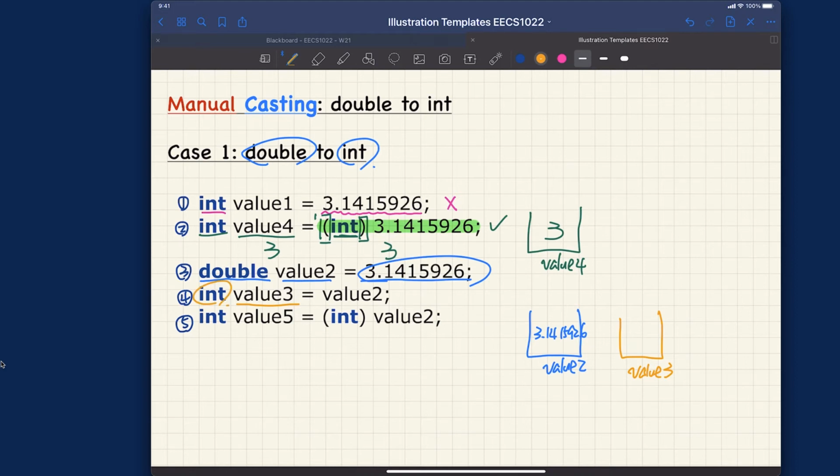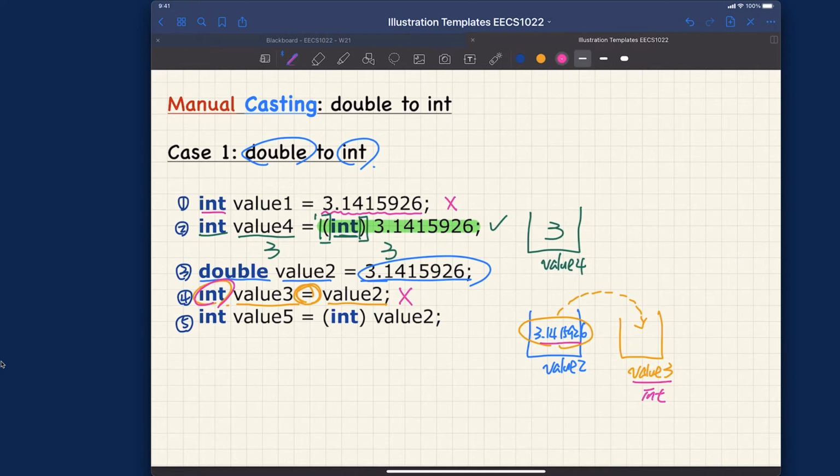And now you're trying to initialize value 3. Remember we talked about when the right hand side, the source, is a variable, it means you intend to copy this value over here into over here. Is this valid? Apparently it's not. It is not going to compile because value 3 is only supposed to be integer, so you cannot store this value with the fractional part. But if you do a cast explicitly, it would be okay.